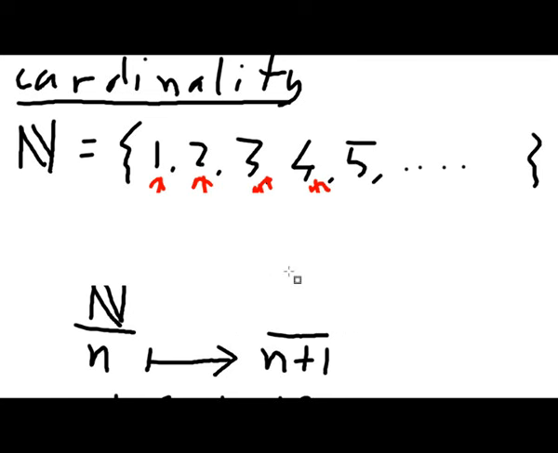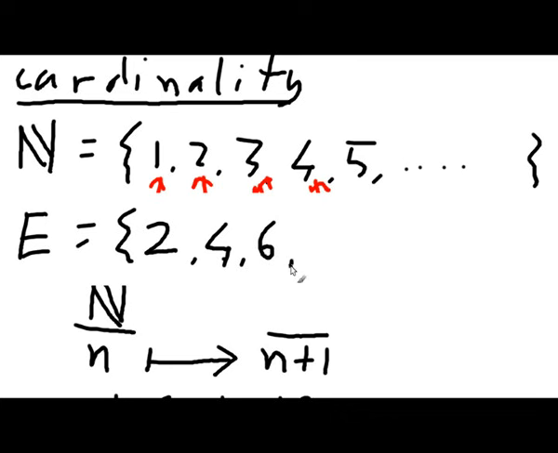So let me write that down. The set of all even natural numbers is 2, then we have 4, then 6, then 8, 10, and so on. So these are all the even natural numbers.